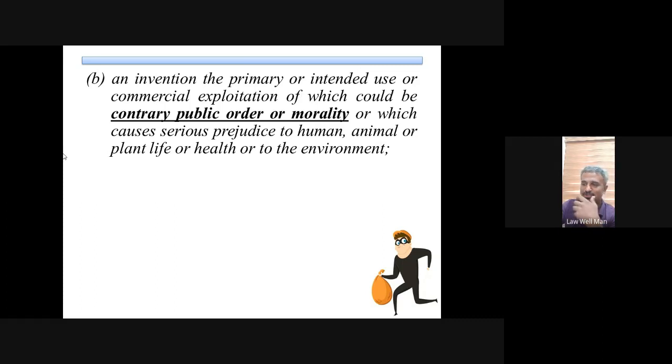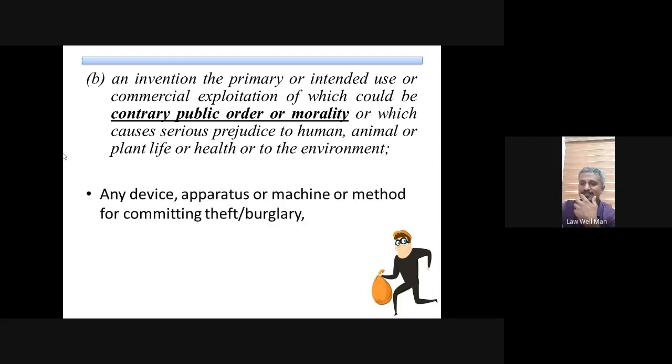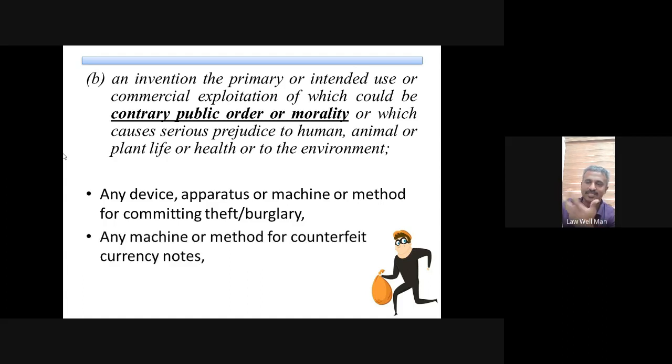So I've just put a picture which is contextual. This is something which will go along. A device, apparatus, machine, or method for committing theft or burglary could be an example for this. Another example could be a machine or method for counterfeit of currency notes, which will definitely fall into this, even if it is complying with the novelty and inventive step requirements.